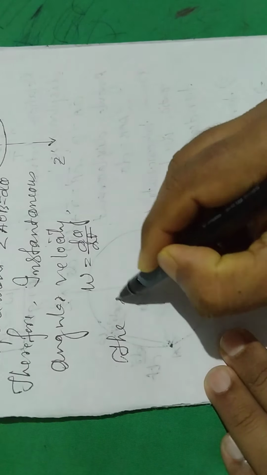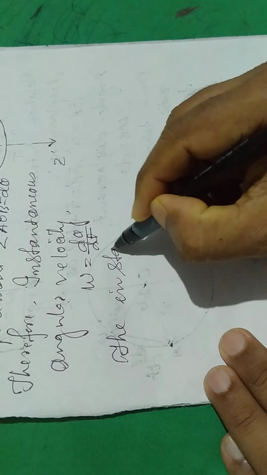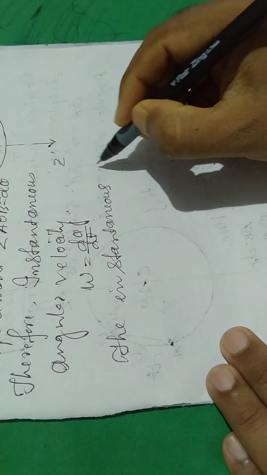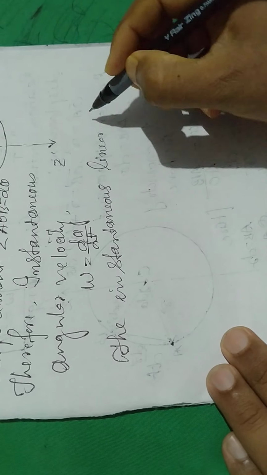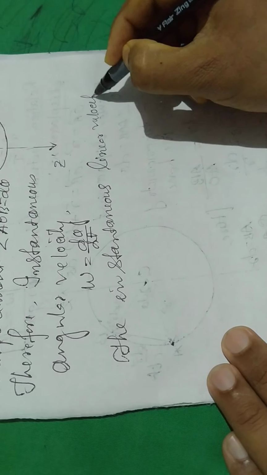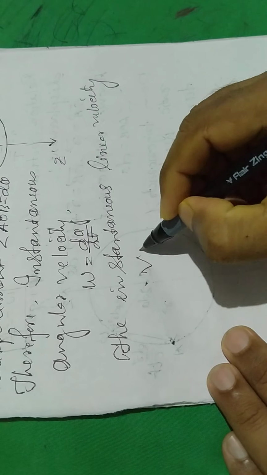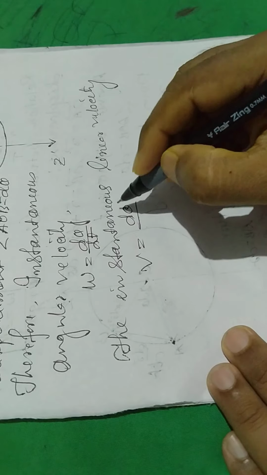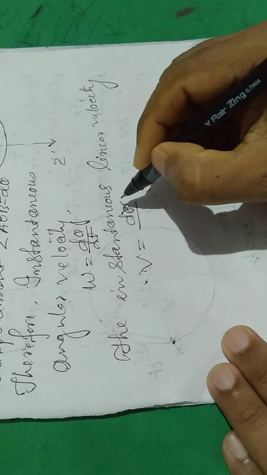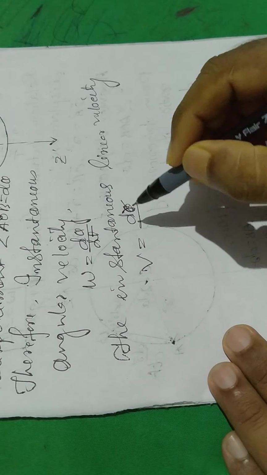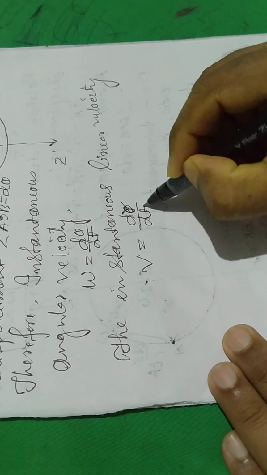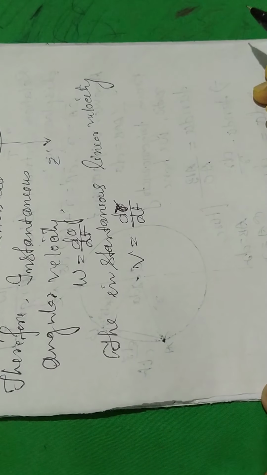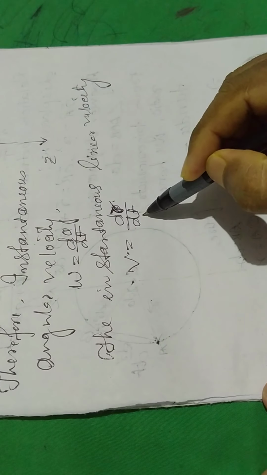The instantaneous linear velocity v equal to dr by dt.